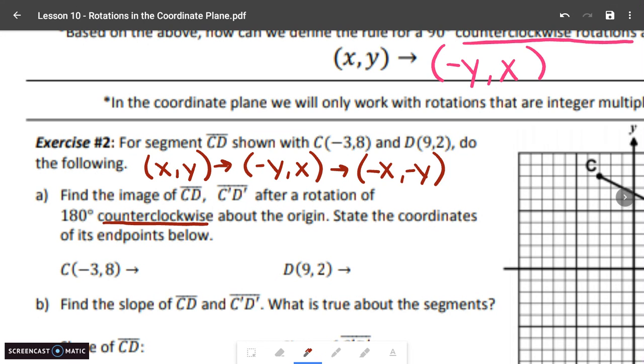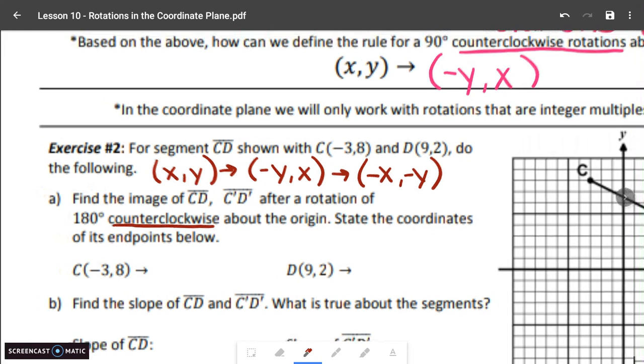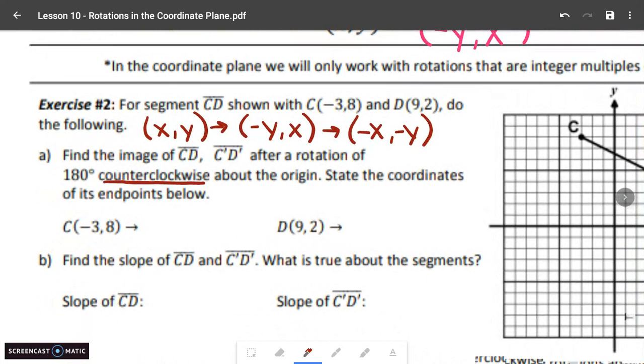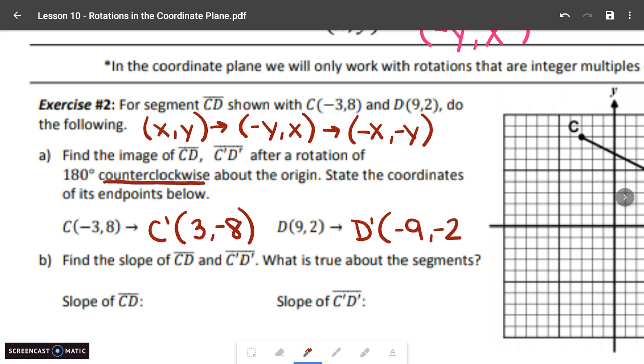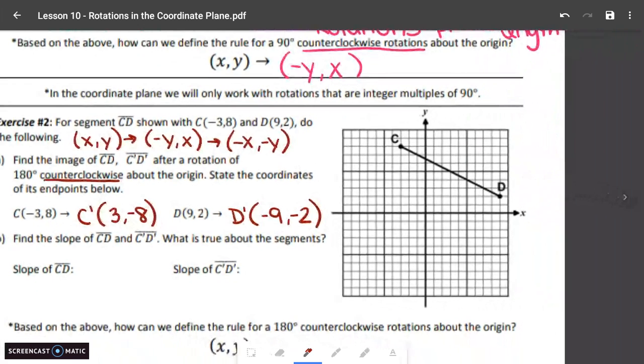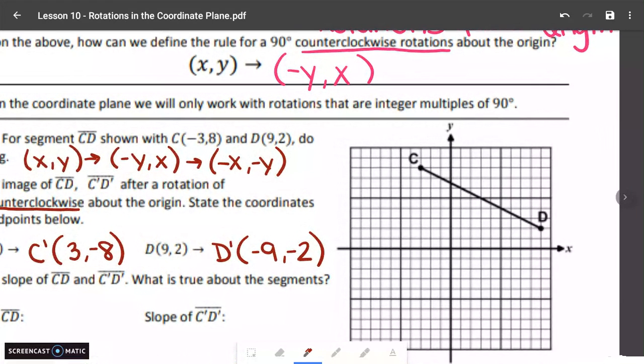So if I go clockwise or counterclockwise, it's really going to be the same. But let's see what happens. So basically, in this case, C prime, I'm changing the sign to 3, negative 8. And then negative 9, negative 2. Now let's see what that looks like here.